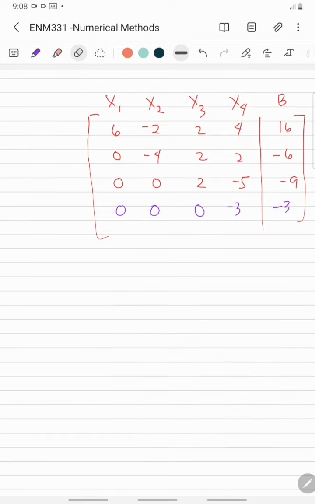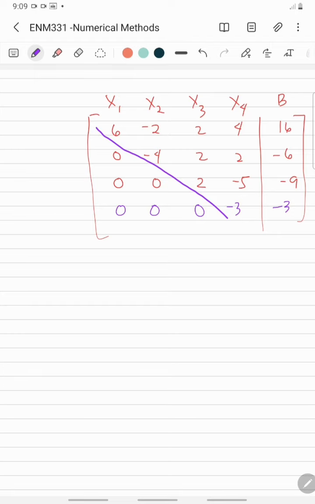And now our linear equation system is reduced to an upper triangular form, or an upper triangular matrix. As you can see, the values below the diagonal elements are equal to 0.